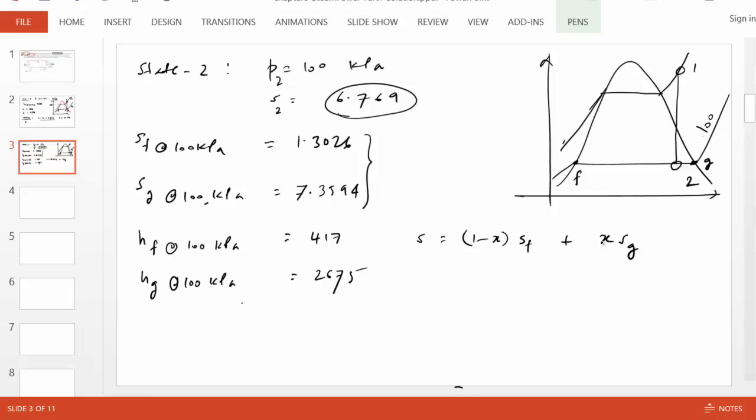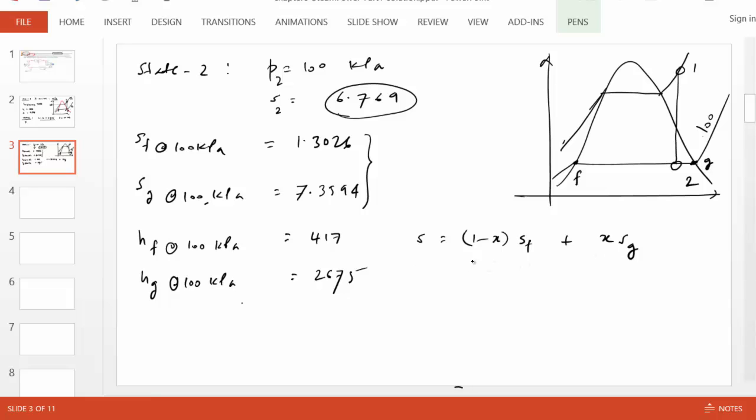If the quality X equals 0.5, then S becomes (SF plus SG) divided by 2. If X is 1, S becomes SG, and if X equals 0, we get SF. So S must be in between SF and SG, weighted by X, called the quality. The higher the quality, the closer X is to 1.